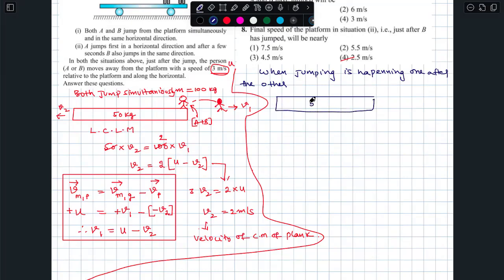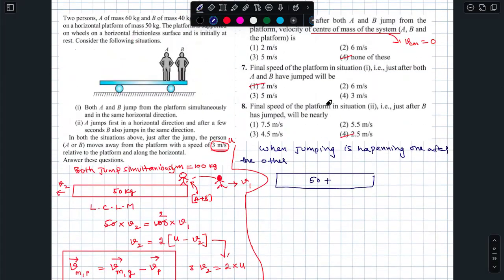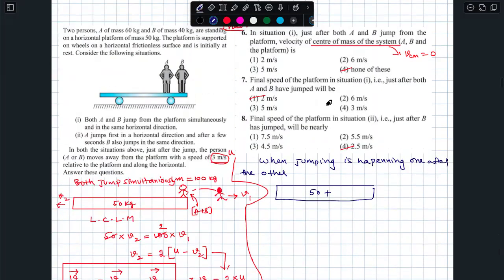Now I'll take this as 50 plus 40. Who is jumping first? A jumps, right? So 50 plus 40, A 60, B 40. Once A jumps, B is still on the platform. So now A jumps.